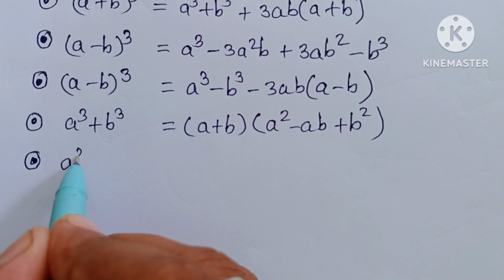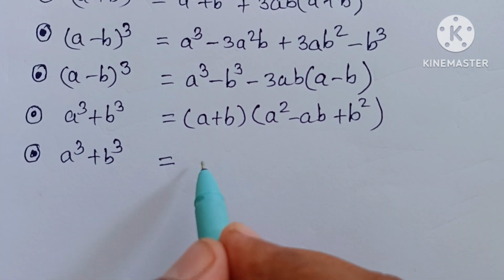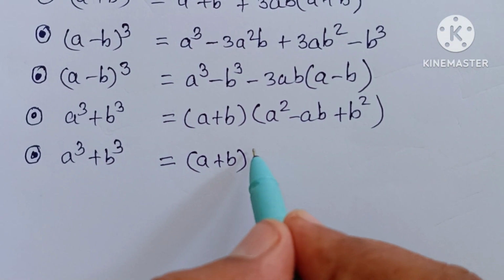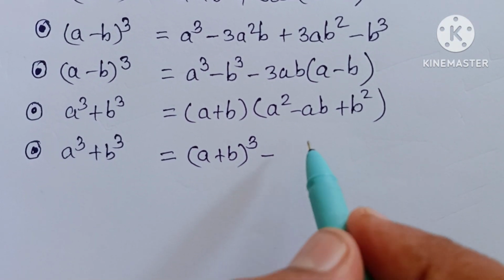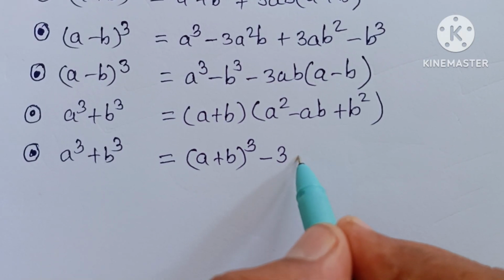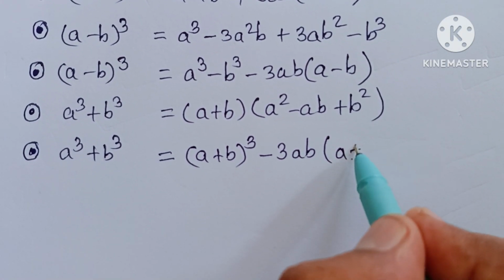Also, a cube plus b cube equals (a plus b) whole cube minus 3ab in bracket (a plus b).